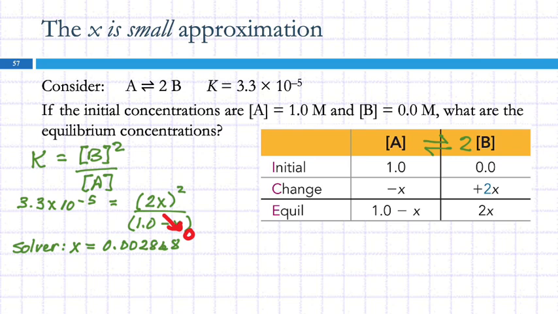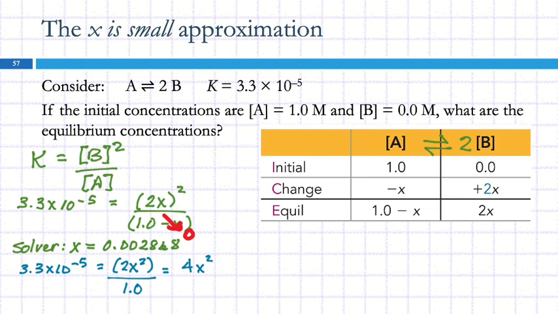So let's use a different color here. So now we can rewrite this 3.3 times 10 to the minus 5 is equal to 2x squared divided by 1. Oh, well, that's simpler, isn't it? Right? So the right side here is equivalent to 4x squared.